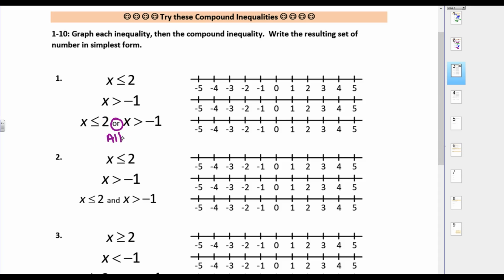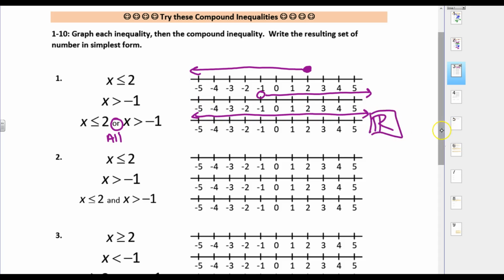So if I've got x is less than or equal to 2, that means I've got a closed dot on 2 and I'm shading down from there. X is greater than -1, I've got an open circle on -1 and I'm shading up from there. Because we're taking all pieces that are shaded, well, there is a line drawn marking every single line on the number line. So my answer is the whole number line or all real numbers is my final answer.